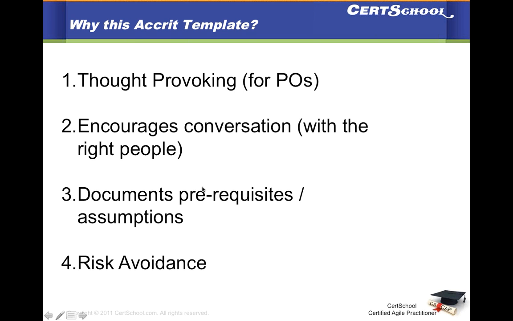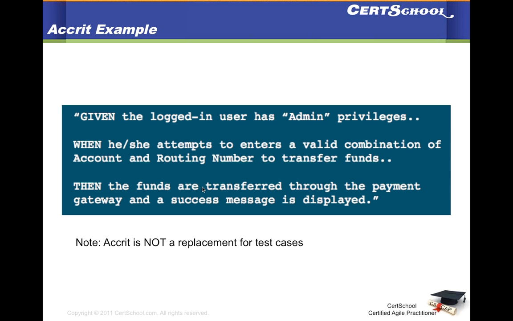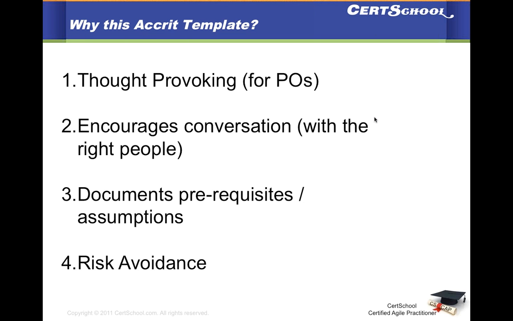If you look at the example again, the precondition here is already written down in the first sentence: given the logged in user has admin privileges. So this is the precondition you're starting with. Also, if there are any assumptions, they surface as a process of writing these acceptance criteria.